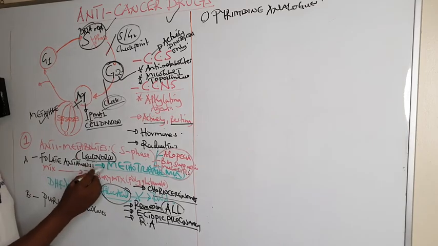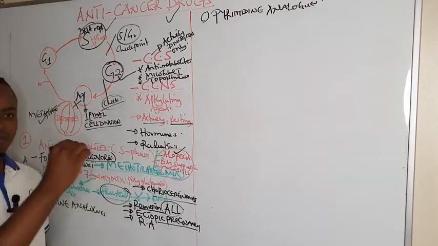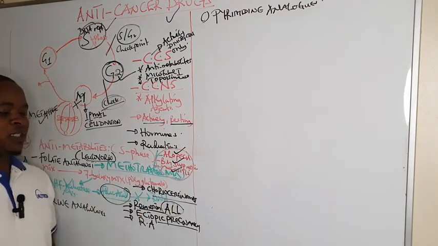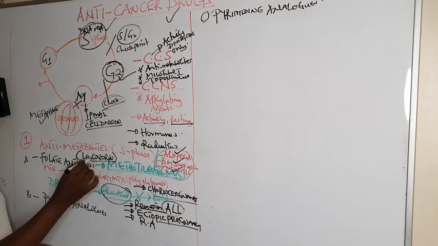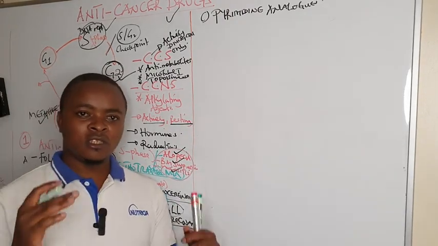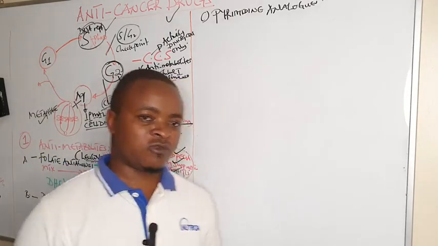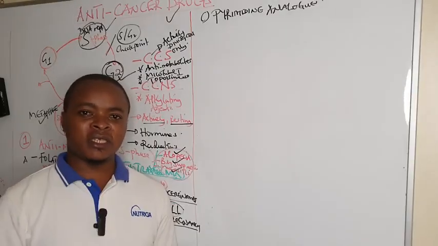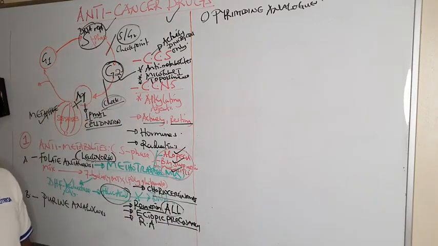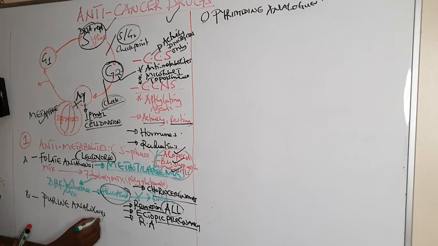Leucovorin reduces the side effects of alopecia, bone marrow suppression, and mucositis, that is inflammation of the mucous membranes. Methotrexate is contraindicated in pregnancy, so don't give it to pregnant mothers because it has teratogenic effects.